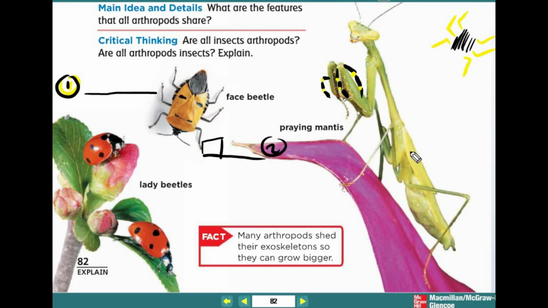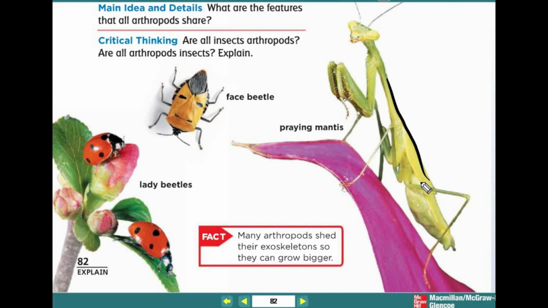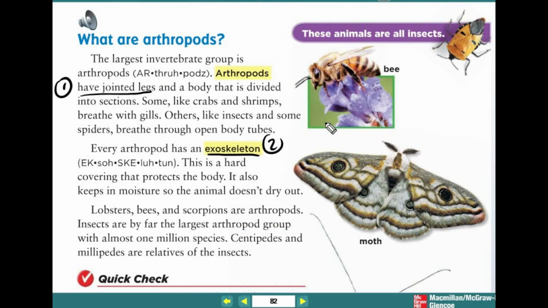This outer cover here is called the exoskeleton. As you see here, the exoskeleton protects all of these insects from outside. Now again, we have the jointed leg for all of them, and the exoskeleton, a hard outer covering that protects the body of all of these arthropods.